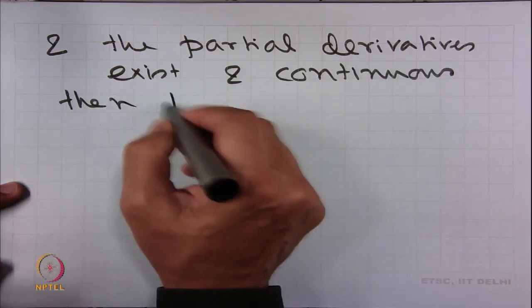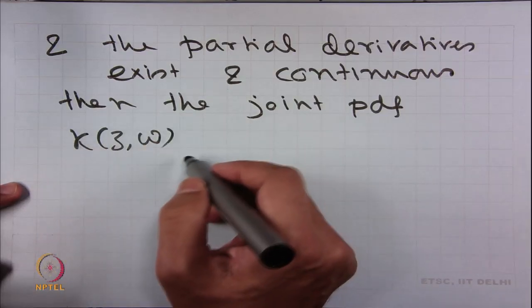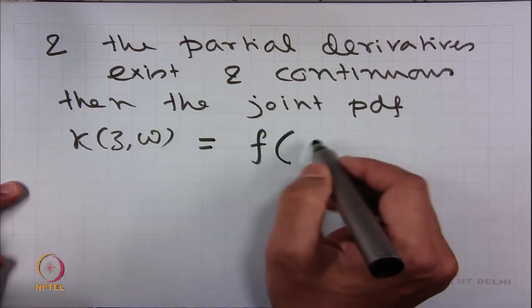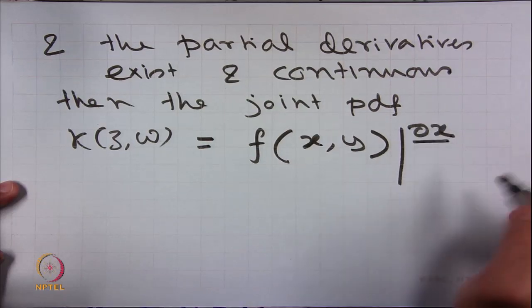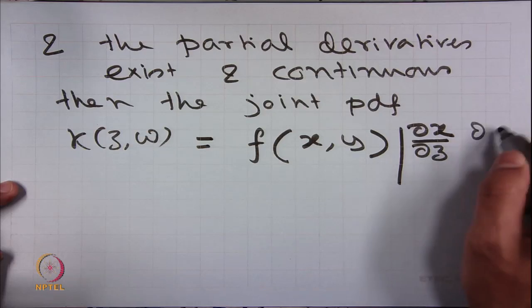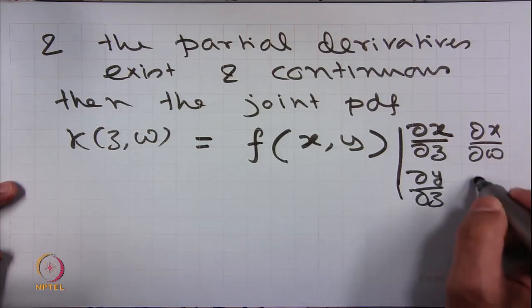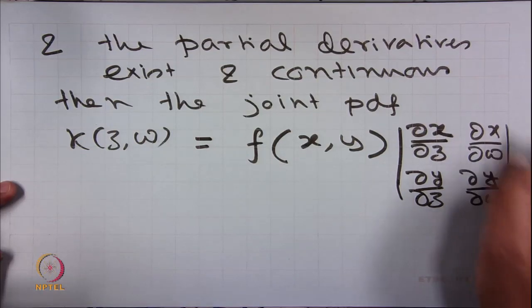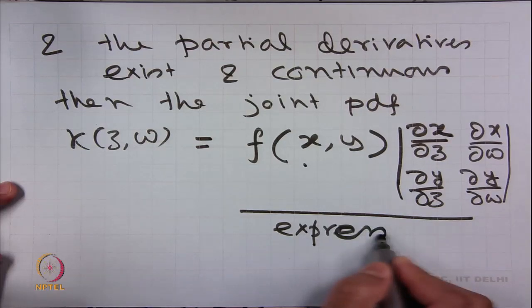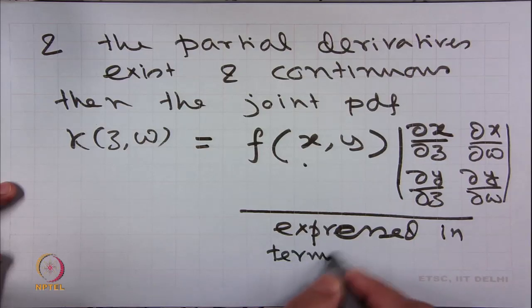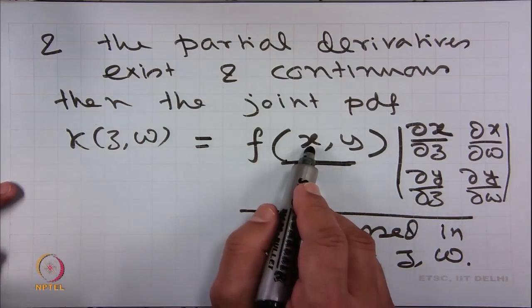then the joint PDF k z w of z w is given by f of x y multiplied by the Jacobian, which is the determinant of the matrix of partial derivatives, and this whole thing expressed in terms of z and w, and that is possible because the transformation is 1 to 1.